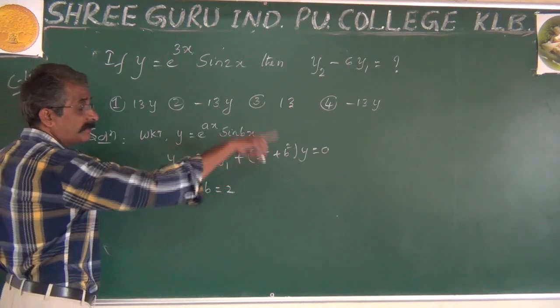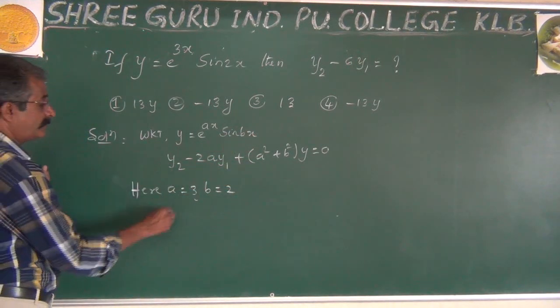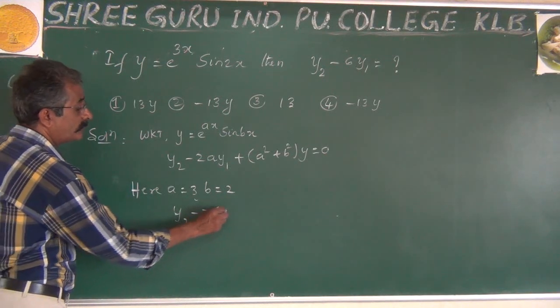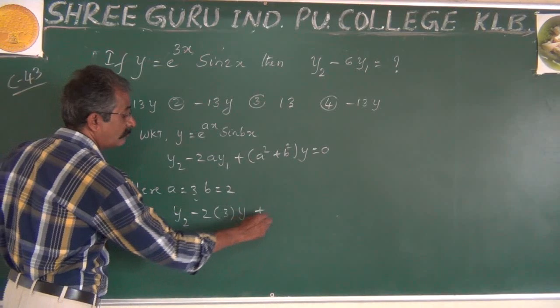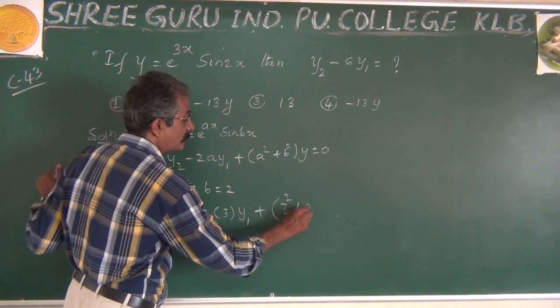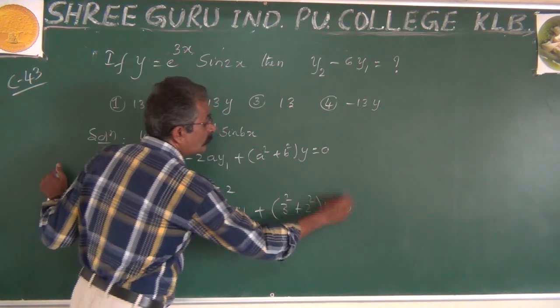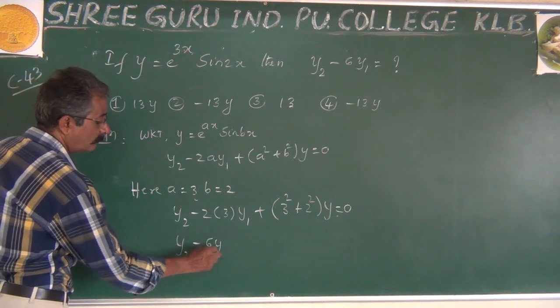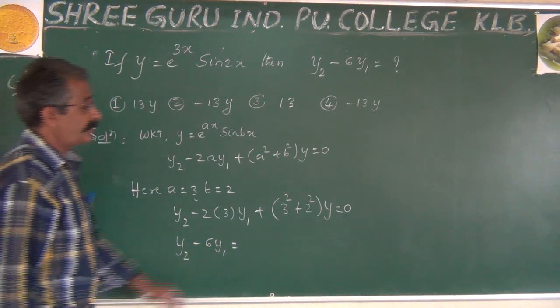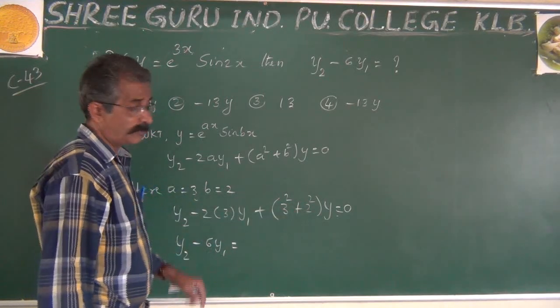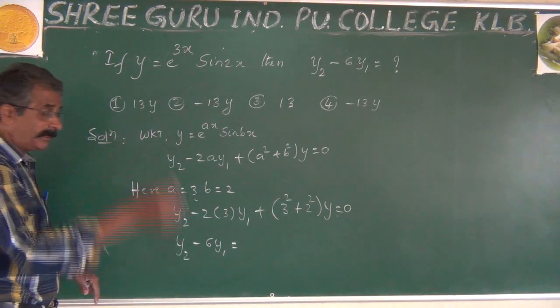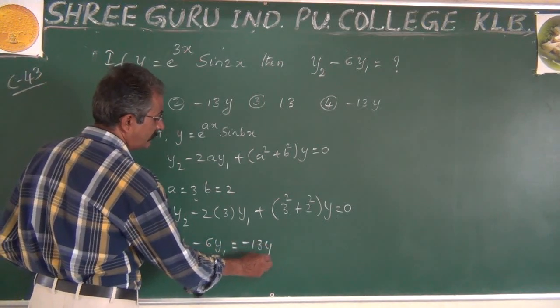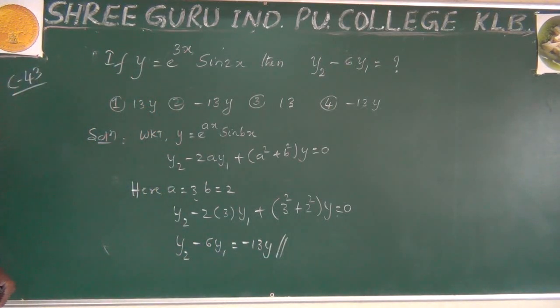So putting in our standard result: y2 minus 2 into 3 into y1 plus (3 square plus 2 square) into y equals 0, or y2 minus 6 y1 plus 13 y equals 0, since 3 square is 9, 2 square is 4, and 4 plus 9 is 13. That's the desired answer.